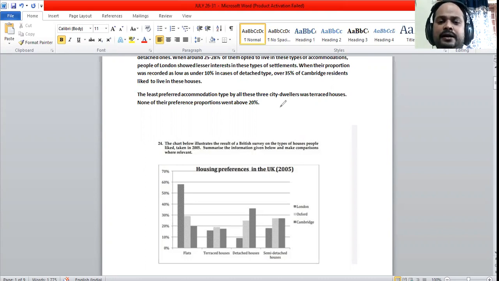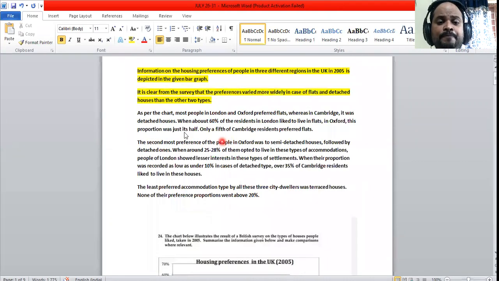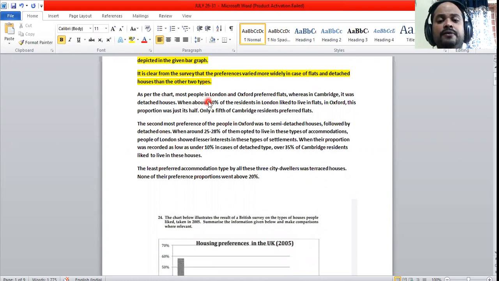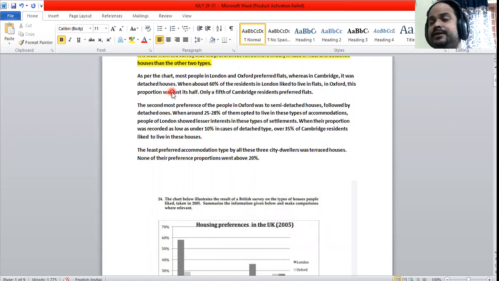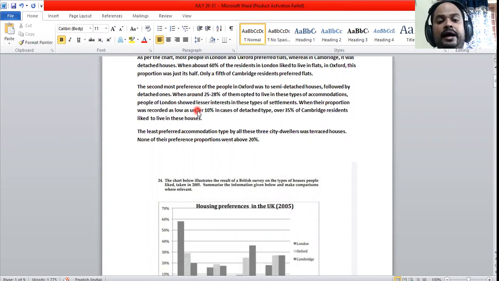So that's the explanation of this task one. We have a clear-cut introduction that shows what the picture is about. It shows a clear-cut overview: there are more variations in two types, flats and detached houses. Then they said the things about flats, and then about semi-detached and detached houses.